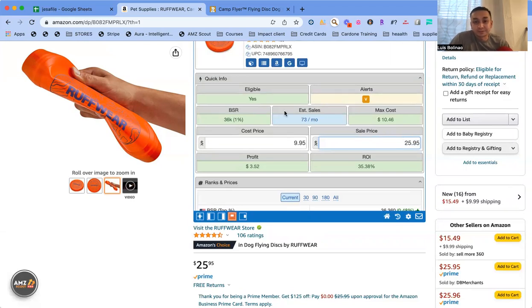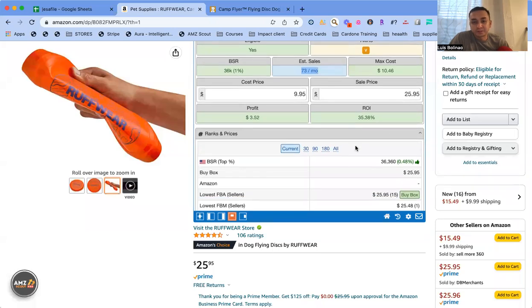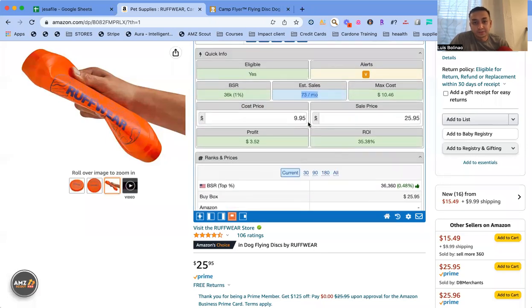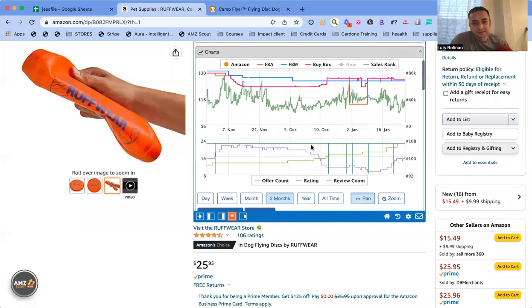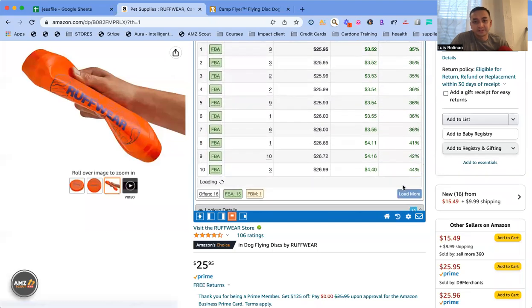From here, we look at sales per month. This one is selling 783 times a month. Numbers are good, 35% ROI. Profits are about $3. Looks good. Then I look at the other sellers. This one has 15 other sellers.